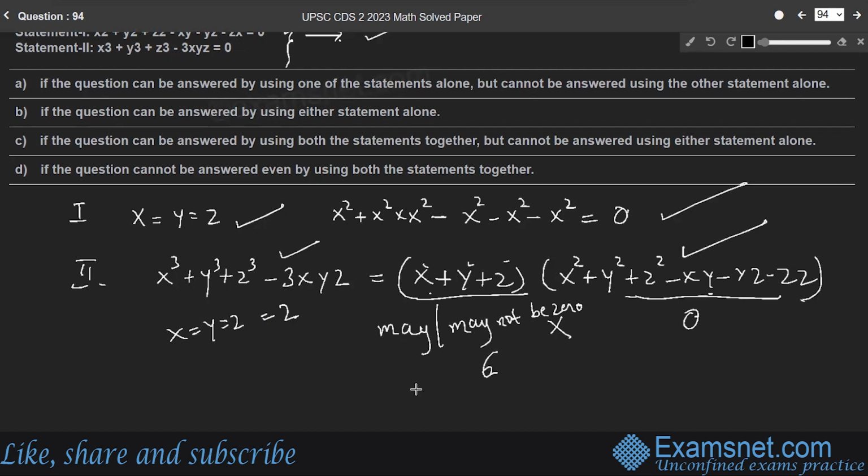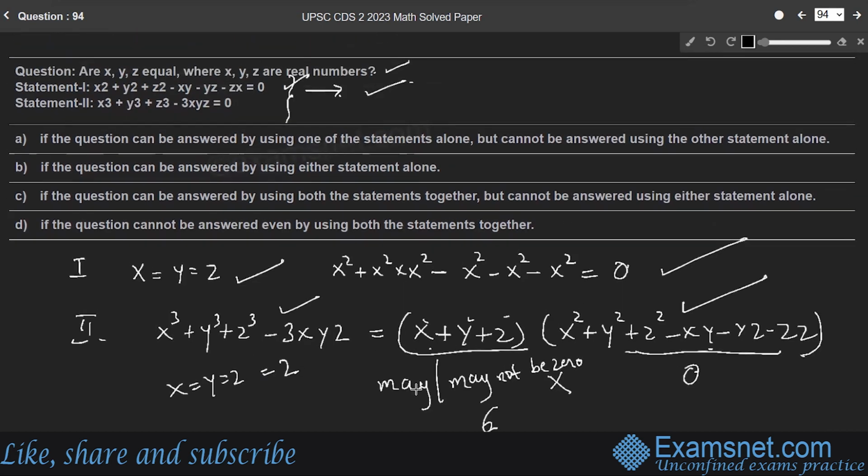The first part becomes 6. Therefore, the second statement cannot decide the fact that x, y, z are real and equal. So look at the options.